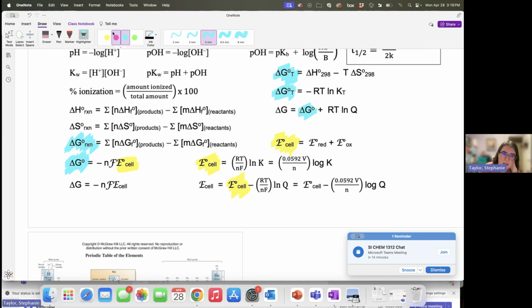That being said, I have to admit, if I only had to pick one, and I don't like this game at all, I frankly would be worried about how to make sure you could get E cell standard, because honestly, if knowing how to calculate E cell standard is not something you currently know how to do, that is going to be a problem.